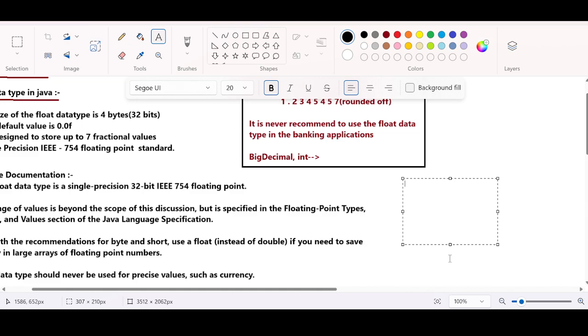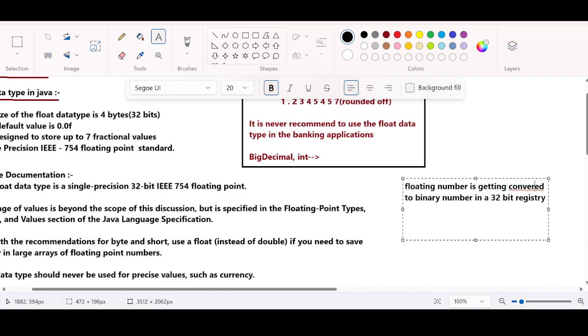If any floating point number is getting converted to a binary number, converted to a binary number in a 32-bit registry, when the registry is 32-bit, you call it single precision.